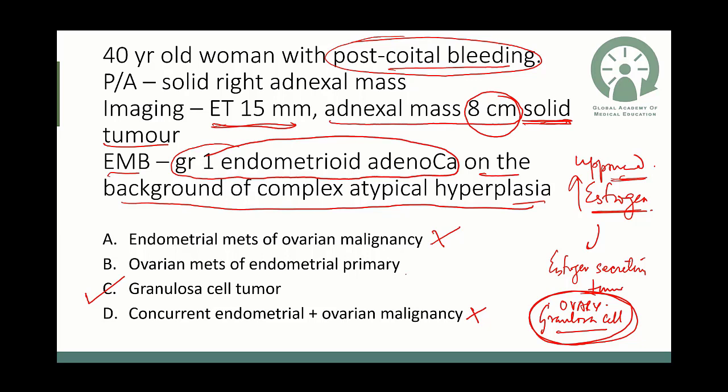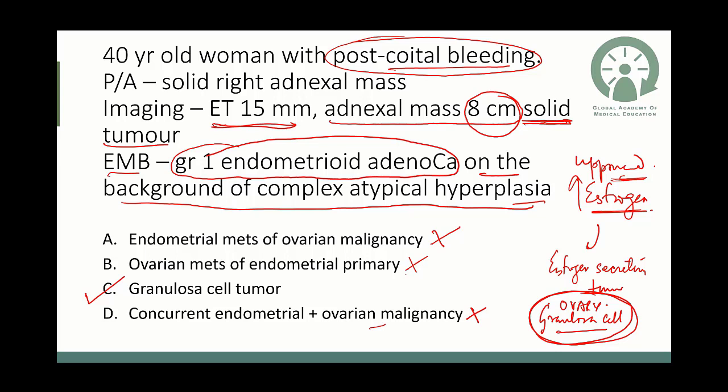Now, yes, granulosa cell tumors are malignancies, so concurrent endometrial and ovarian malignancy is not a wrong answer. But it is obviously not the single best answer because ovarian malignancy is not yet proven.